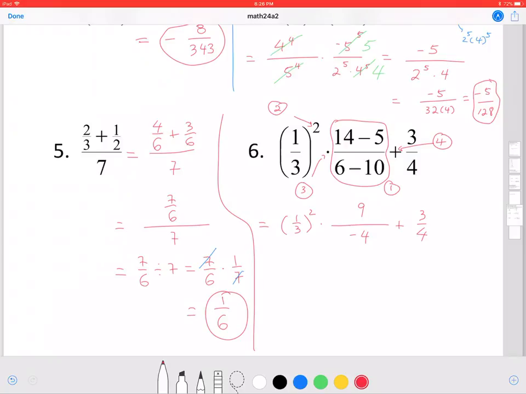Okay, then next is the exponent. 1/3 squared is 1/9. Okay, and 9's will cancel out, leaving me with -1/4 plus 3/4, which is nothing more than -1 plus 3, so that'll be 2/4, which will be reduced as half.